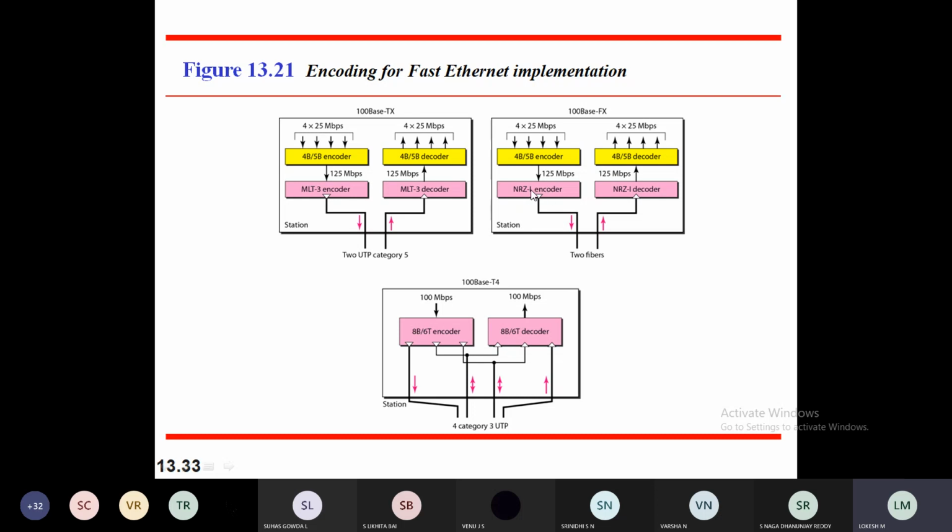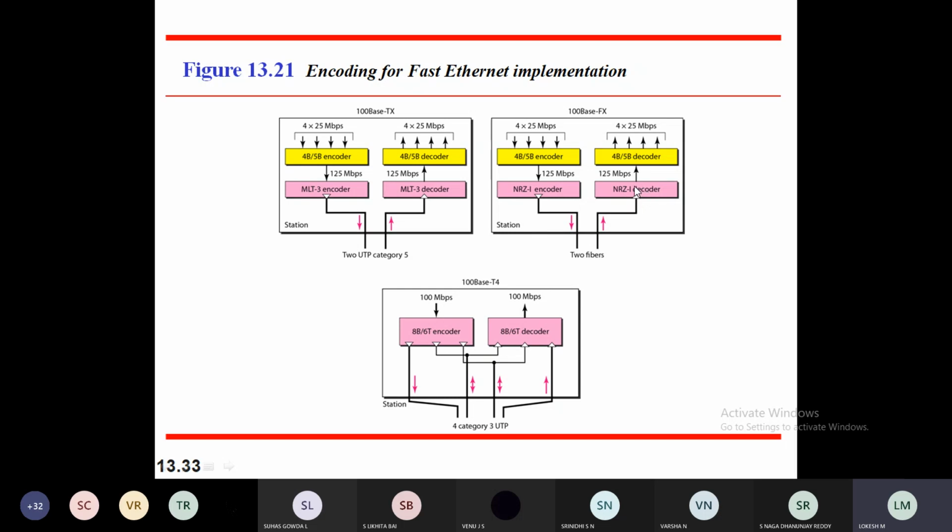Based on this, it encodes the data that comes from the upper layers and sends it through one fiber channel, and the other fiber channel is used for decoding. Again it is using NRZ-I, non-return-to-zero inverted.